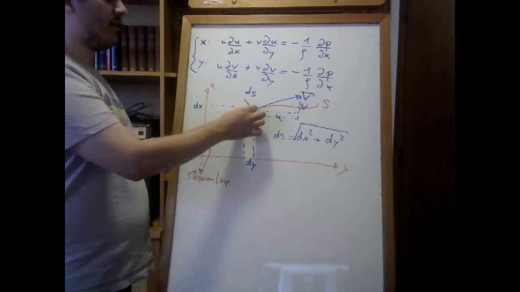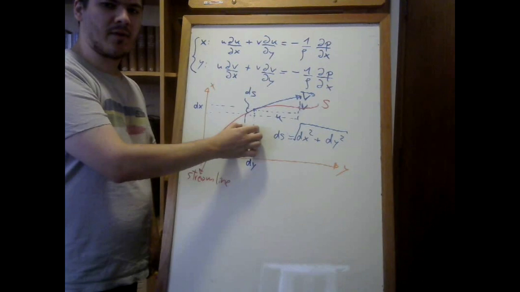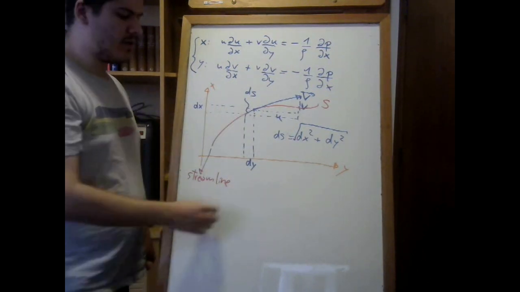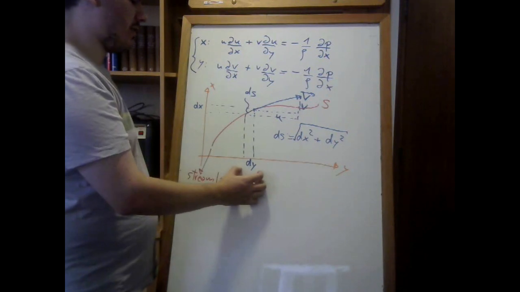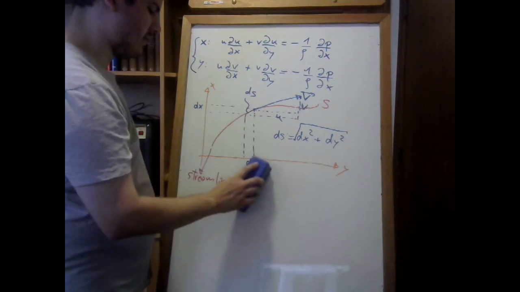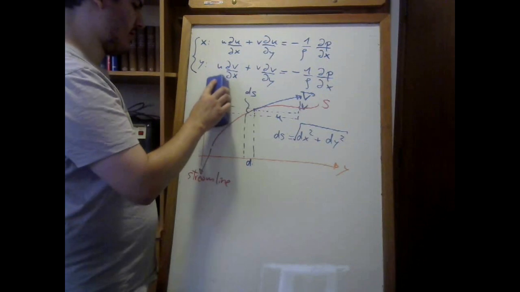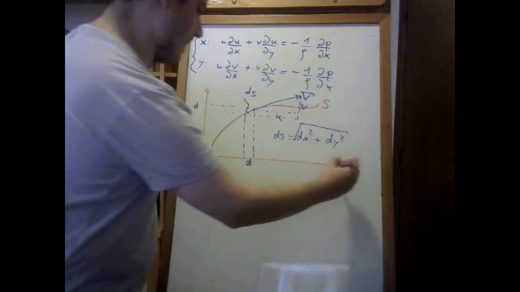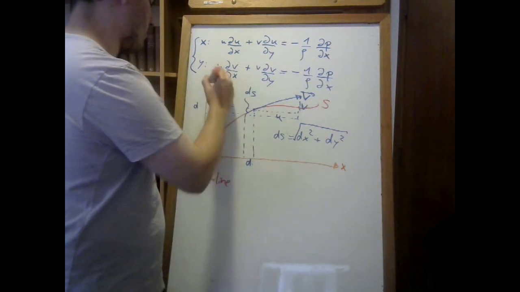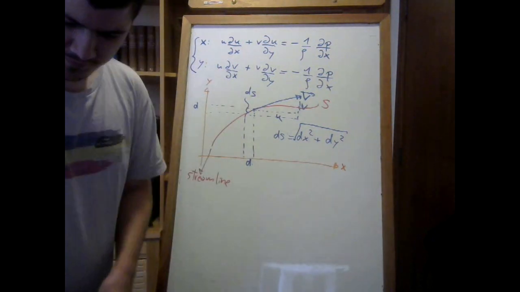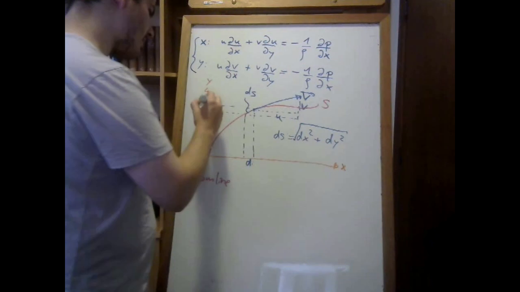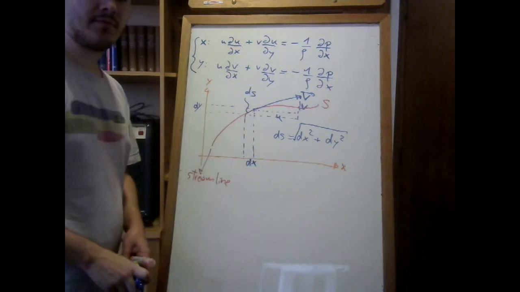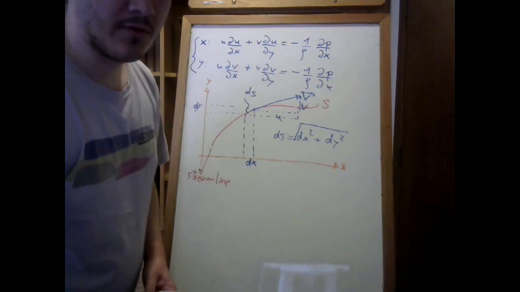It has an infinitesimal form of this streamline element. We have its projection here, it's flipped, I swapped the x and y. Here it's x and here it's y. Okay, so here it is dy and dx.